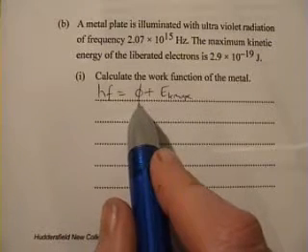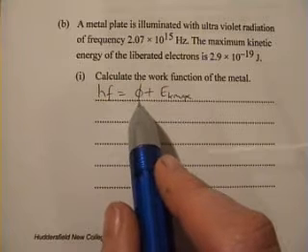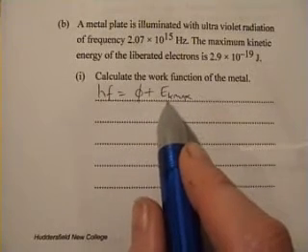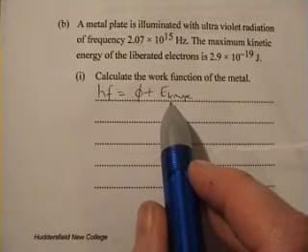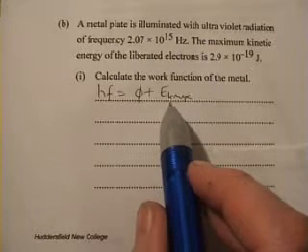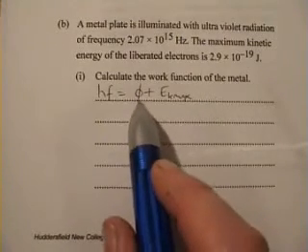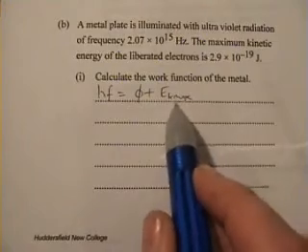Phi is the work function of the metal. That's how much energy is needed to get the easiest electrons to leave the surface. And Ek max is how much kinetic energy the electrons will have if they're the ones that are easiest to get off the surface. Electrons that are more difficult to get off the surface require more energy than that, and therefore they've got less kinetic energy left over. So that's why the max is there.